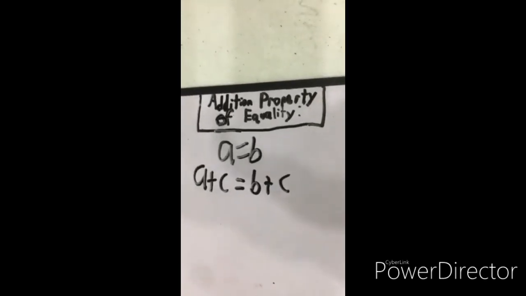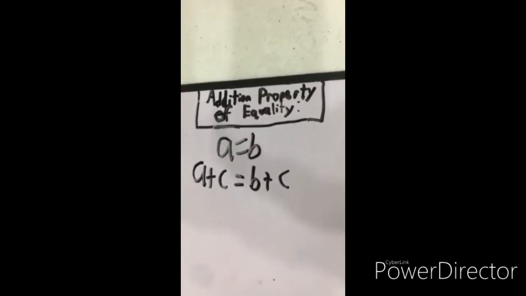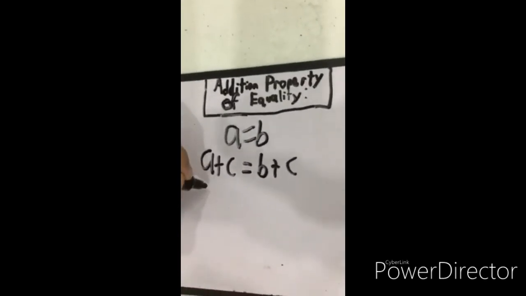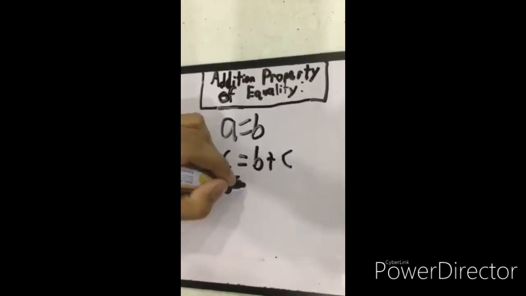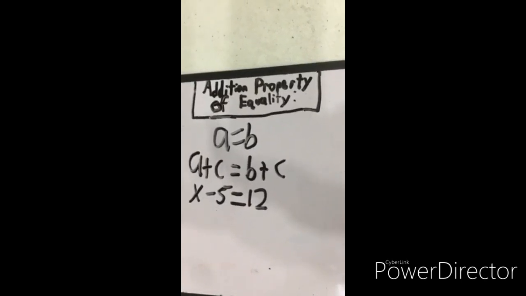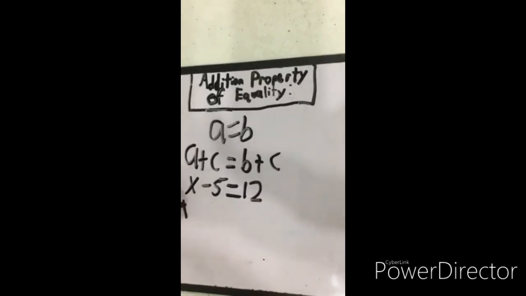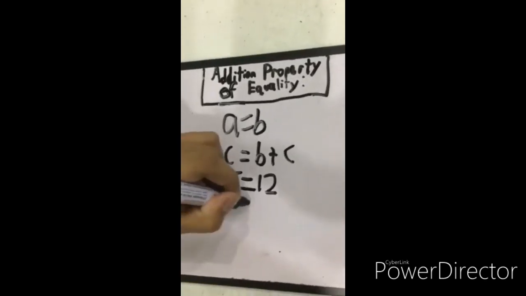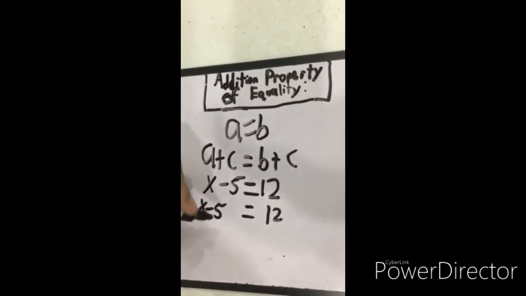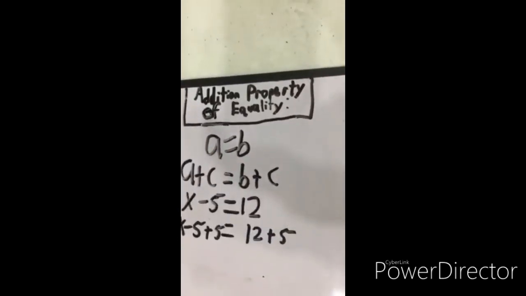So what does it mean for us in terms of solving problems? Let's take this as an example. Solve x minus 5 equals 12. Let's solve for x. Using the addition property of equality, I could simply add 5 on both sides.